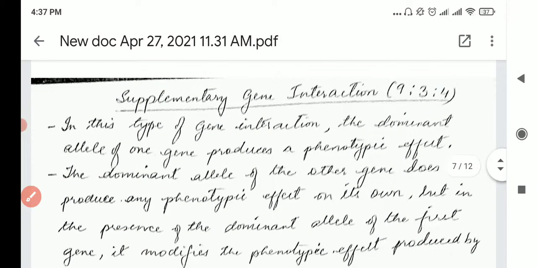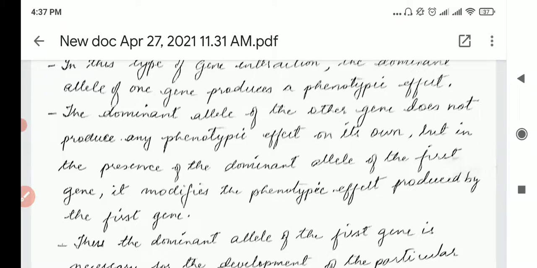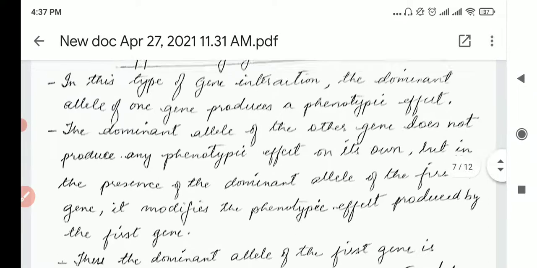So let us go to the next one, that is the supplementary gene interaction. So this shows a ratio of 9:3:4. Okay, here the dominant allele of one gene produces a phenotypic effect and the dominant allele of the other gene does not produce any phenotypic effect on its own, but in the presence of the dominant allele of the first gene, it modifies the phenotypic effect produced by the first gene.